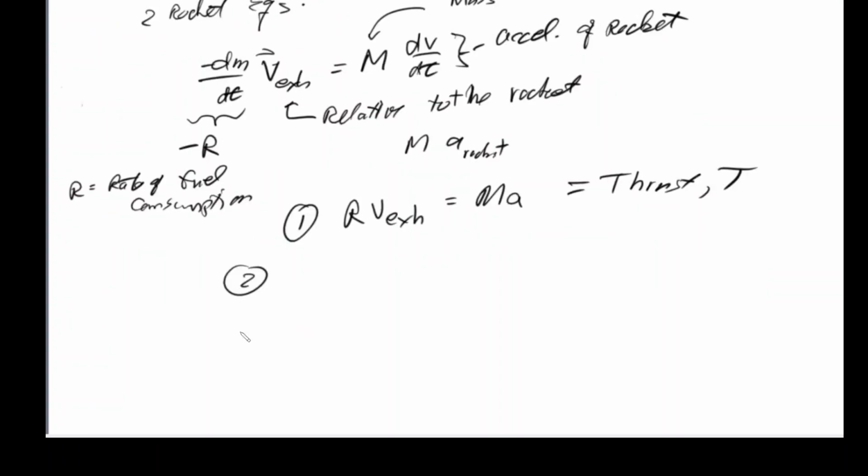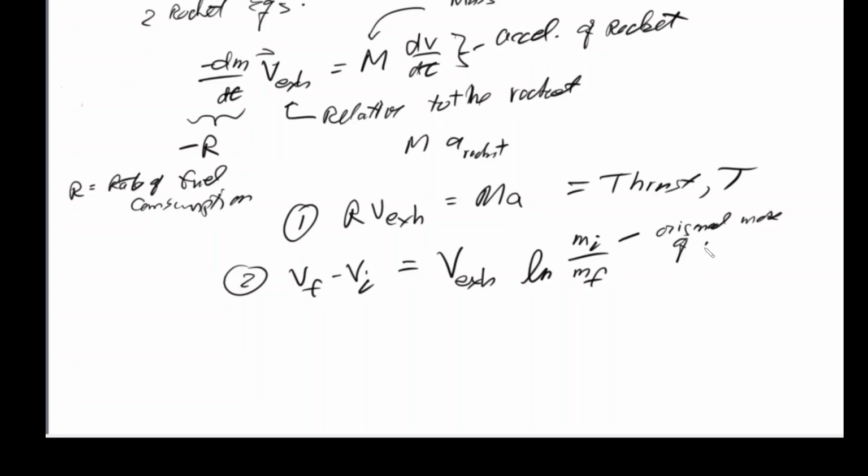And again, if you go through the derivations, you'll find that the final velocity of the rocket minus its initial velocity, in other words, the change in velocity from burning the fuel, is equal to the velocity of the exhaust gases times the natural log of mi over mf, where mi is the original mass of the rocket with fuel, the initial mass, and mf is the mass of the rocket after burning fuel.